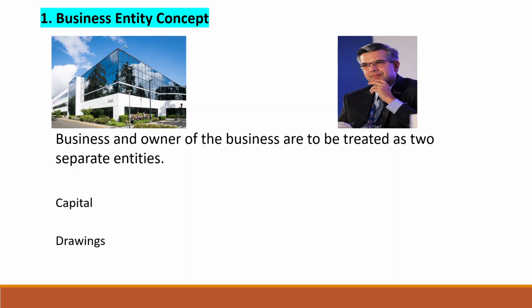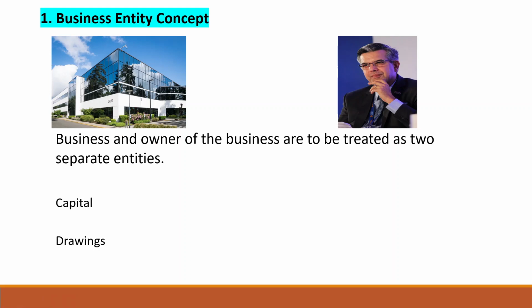So as per this concept, we have to treat the business and the owner of business as two separate entities, right? The personal assets and liabilities of the owner are not recorded in the books of account of the business, right? So personal assets and liabilities of the owner are separate and the assets and liabilities of the business are separate, right?